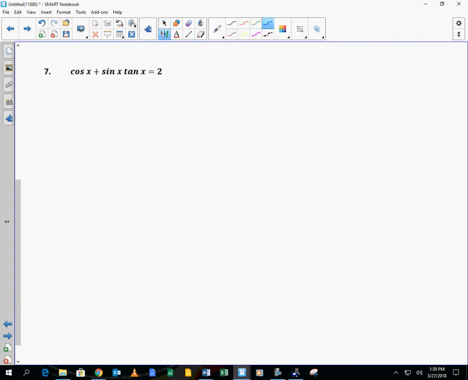Okay, turn the tangent into sine over cosine. I need a little bit more direction than that, okay? So you want to go cosine of x plus sine of x times sine of x over cosine of x is equal to 2. Is that right? Now what?